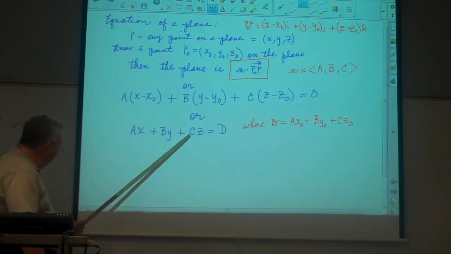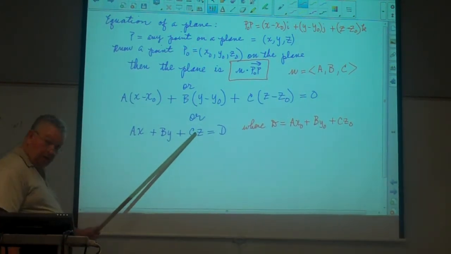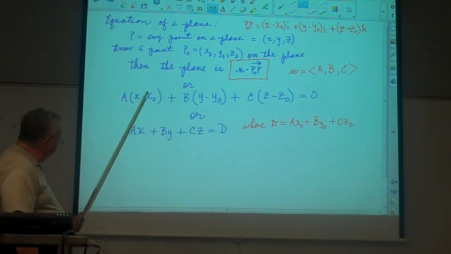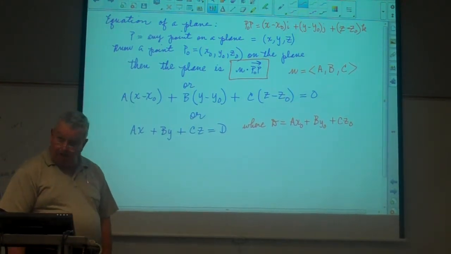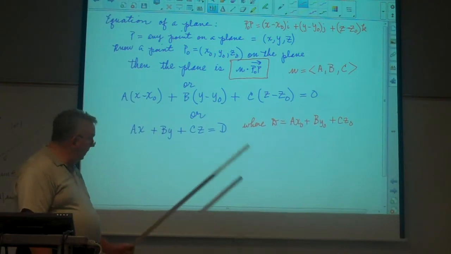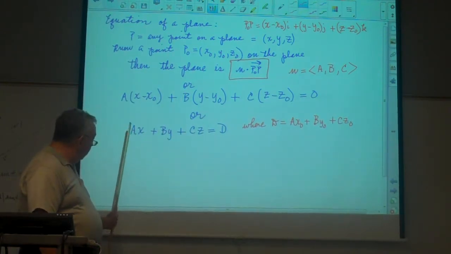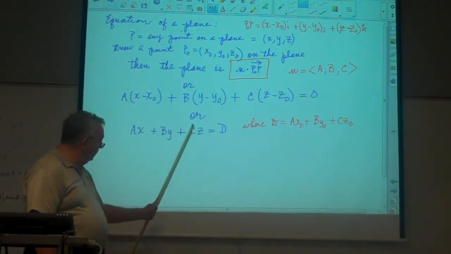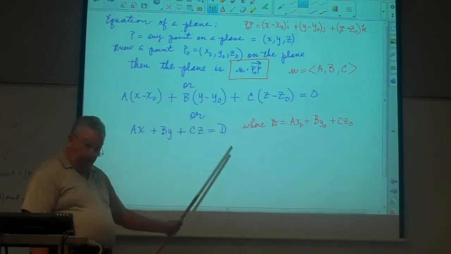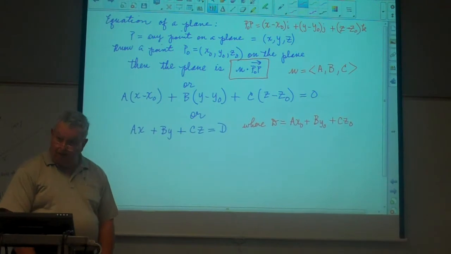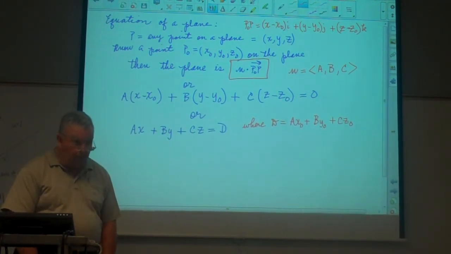So I left the X's on this side, and then when I moved all those others to the other side, they get to be positive. And now I have AX, BY, CZ added together is equal to some number. And that is the equation for a plane.